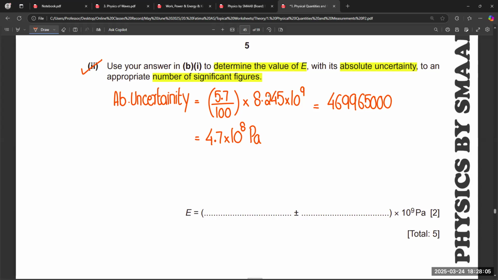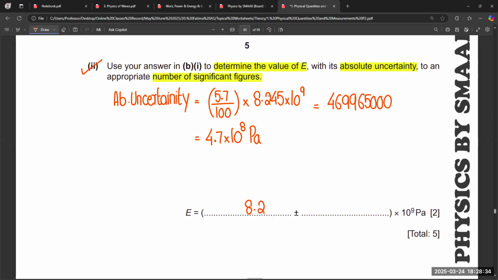And as we already discussed, when we are going to write the true value with uncertainty, we have to follow some rules. The decimal point must be the same and the power of 10 must be the same. So to keep the power of 10 the same, because in our answer we have 10 to the power 9, let's suppose we write 8.2.